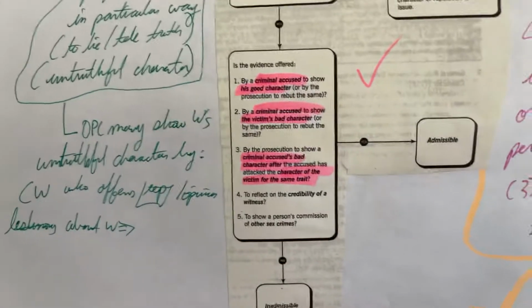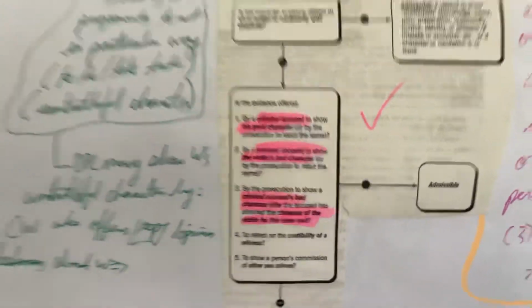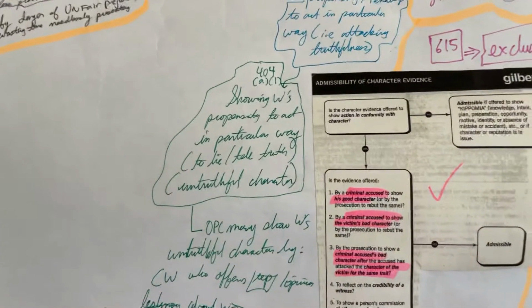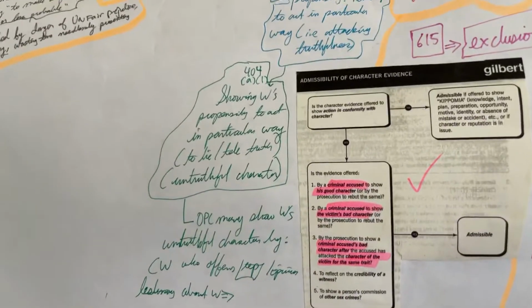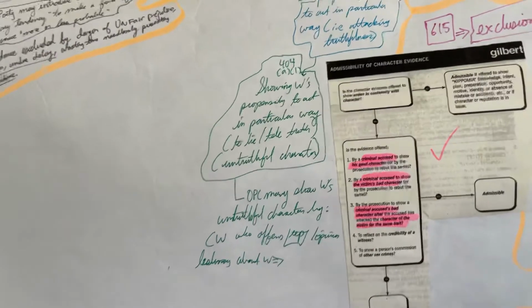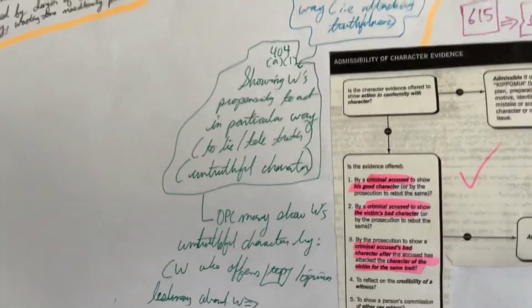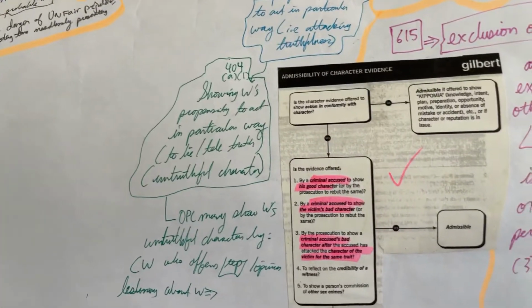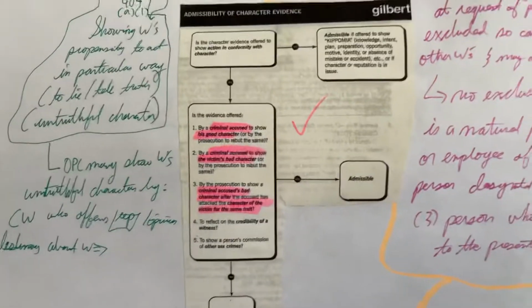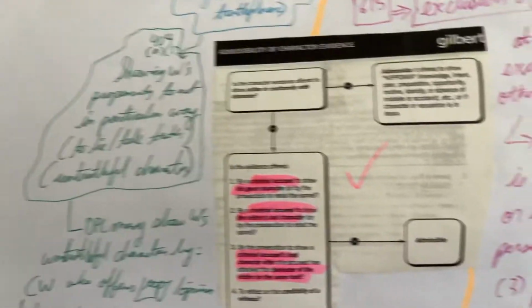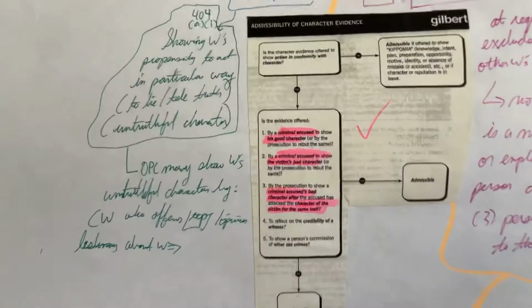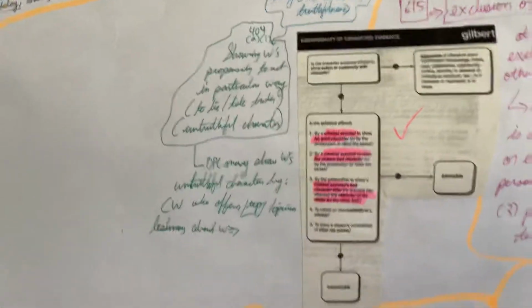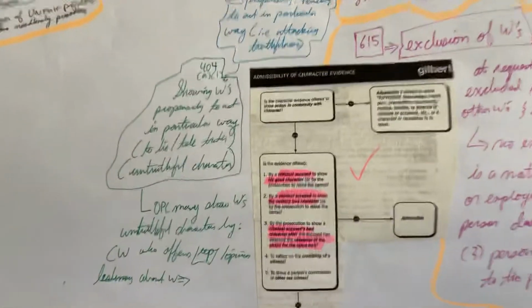And then ask yourself, is the evidence being offered by a criminal accused? The first three of those five talk about a criminal accused offering evidence to show his good character, to show the victim's bad character, or the victim's bad character after the accused has attacked the character of the victim for the same trait. That's admissible, but that opens the door so that on cross, the prosecution can also ask about that, but the prosecution cannot be the one to open the door. It has to be the defendant.